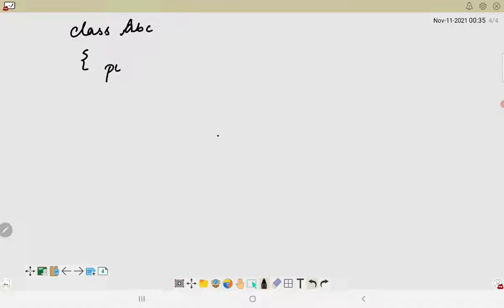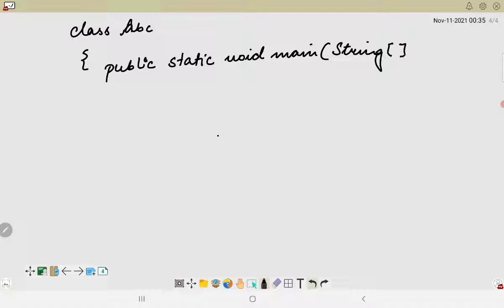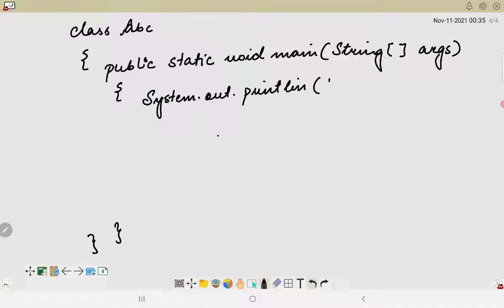Here let me write down the main method as public static void main, String arguments, and inside this main method I will write a few print statements, which is System.out.println 1. Then maybe I have another one which says 2.